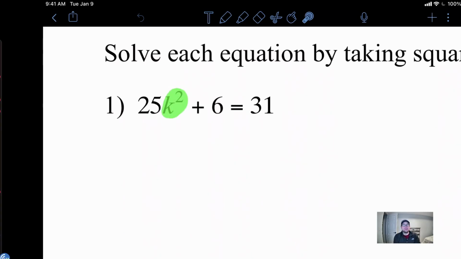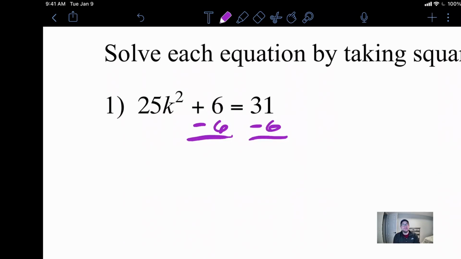Now our job's going to remain the same insofar as we've still got to get that alone first before we go anywhere else. Remember, when we're trying to get that alone, we always unhook the piece that's added or subtracted first. Since that's a plus 6, we are going to subtract 6 from both sides, which makes that cancel. Now I'm going to be left with 25k squared is equal to 25.